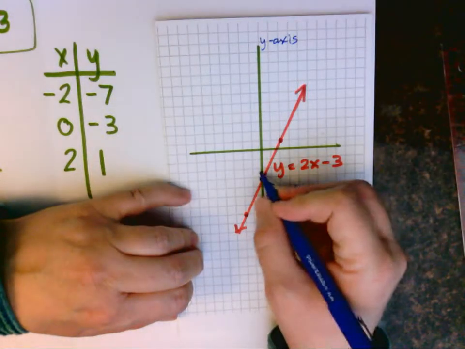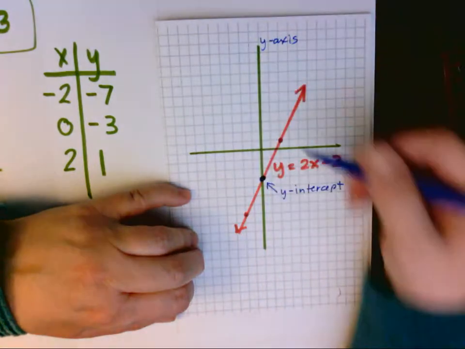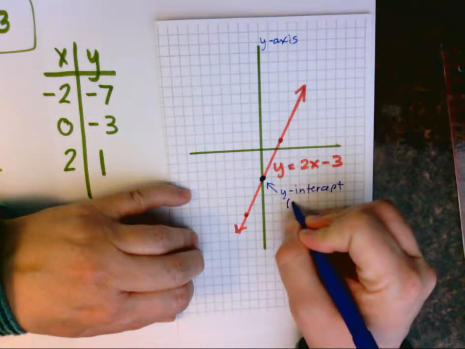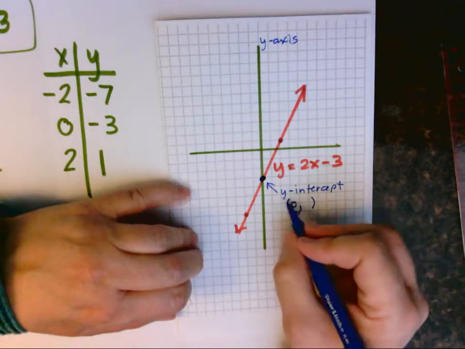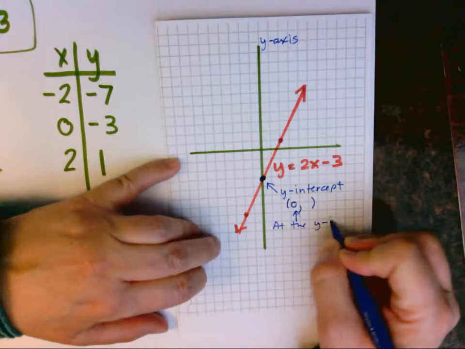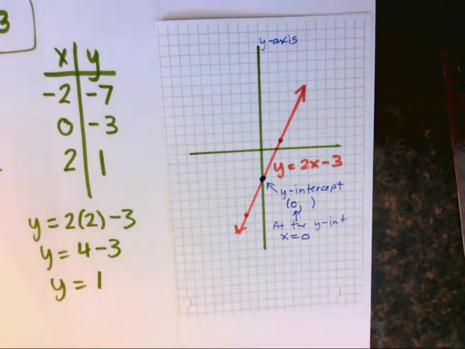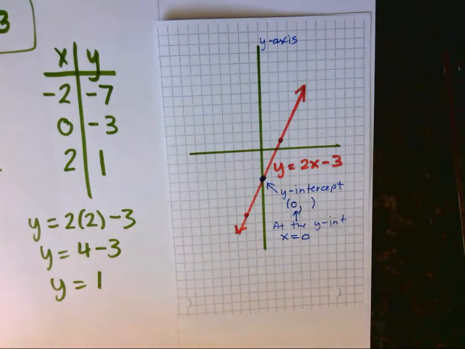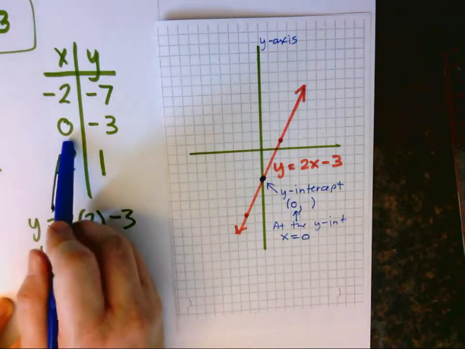If we name that point, you'll notice that the x is always 0. So it will always be 0, something. Also make a note that at the y-intercept, x equals 0. So if we want to define the y-intercept, we would simply go to the table and let x be 0, which we've already done here.